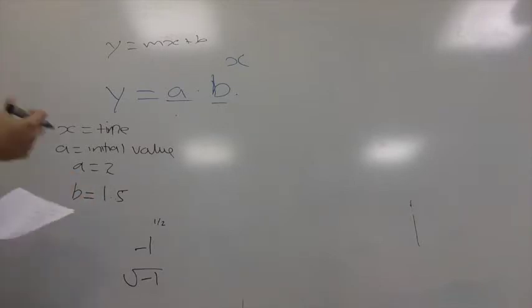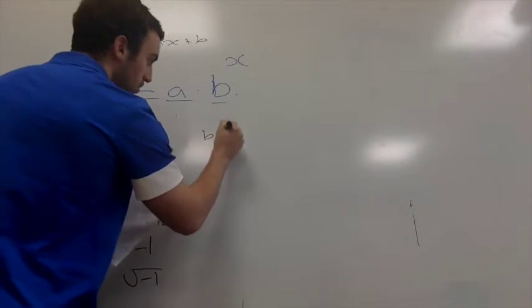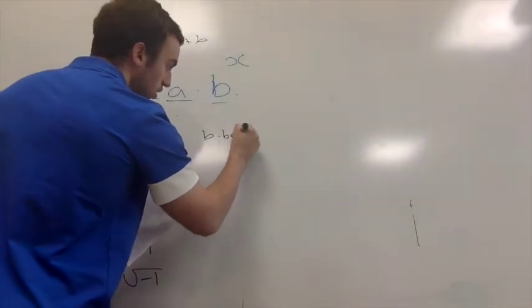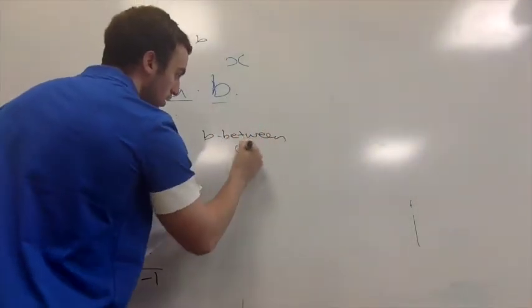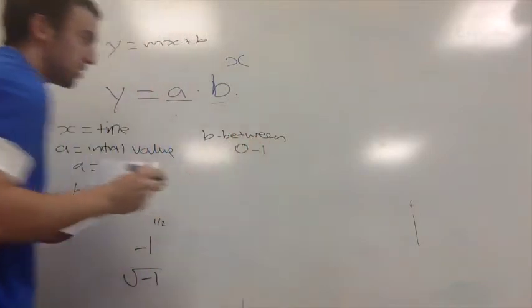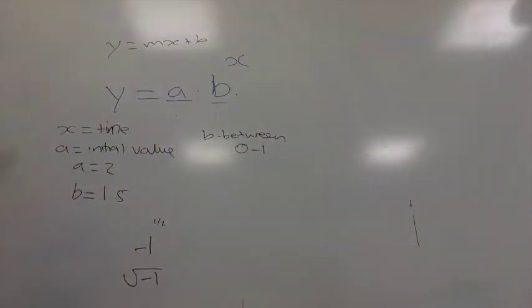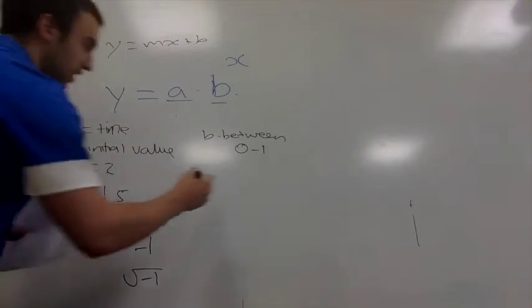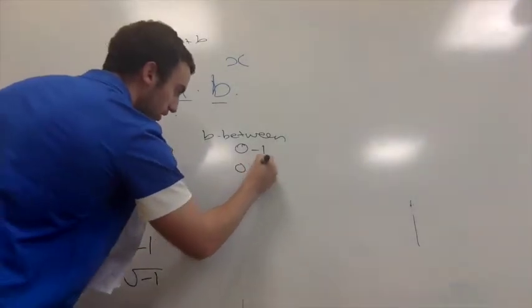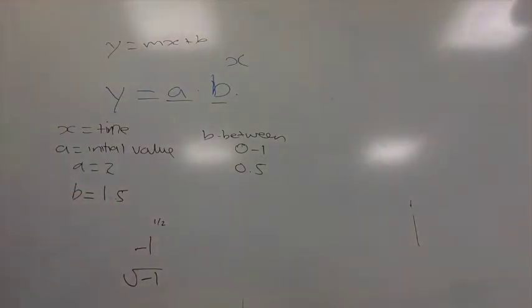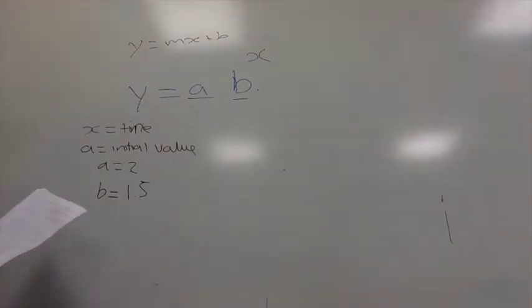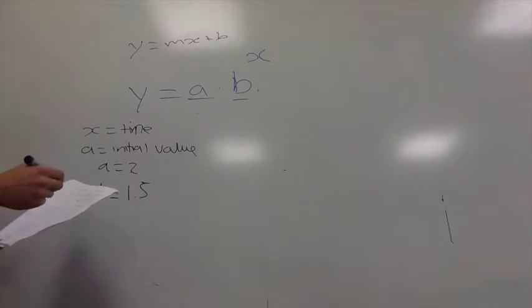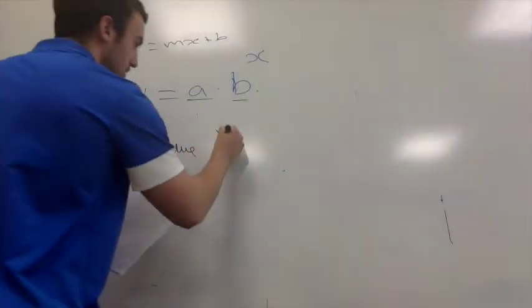If it was declining, the value of b would be between 0 and 1. For instance, if Greg was told that somehow the bank was rigged and his money was decreasing 50% per day, the value of b would be 0.5. Now we know the value of a and b, we can construct the equation for Greg's investment.